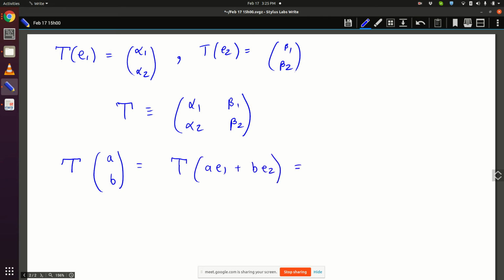That is nothing but A times T E1 plus B times T E2. T E1 is this, right? So I will get A alpha 1, A alpha 2 plus B beta 1, B beta 2.